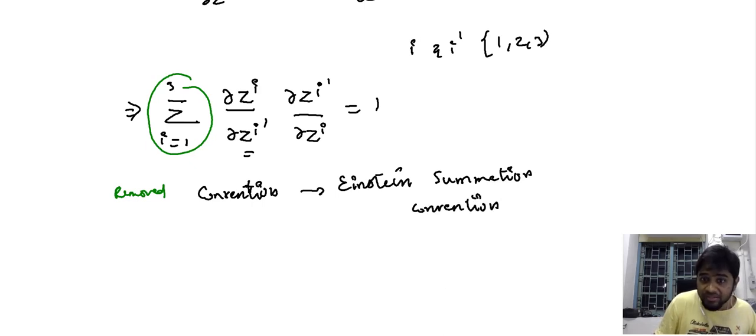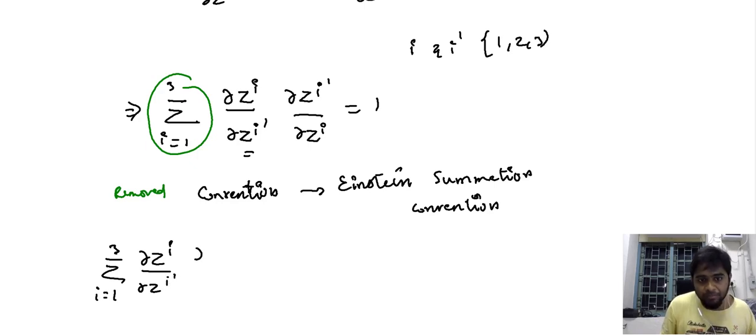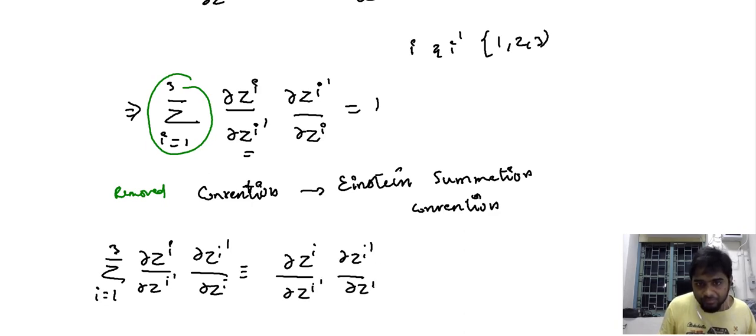So according to Einstein's convention for summation, when you have an identical index at the bottom and top of your expression, then the summation can be removed. So what it essentially means is, when I say I varies from 1 to 3, and I have an expression of this sort, I prime, sigma I, this is equivalent to just getting rid of the summation and expressing it as this, which is nothing but using Einstein's convention.